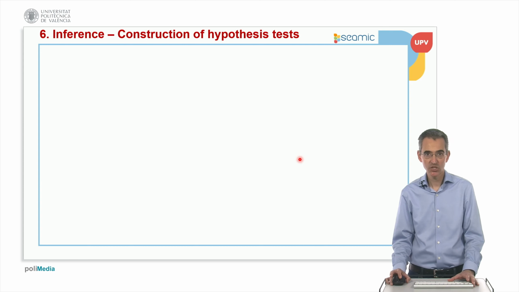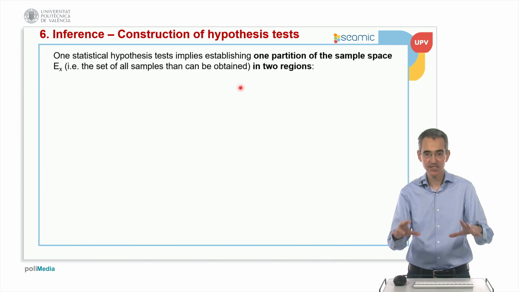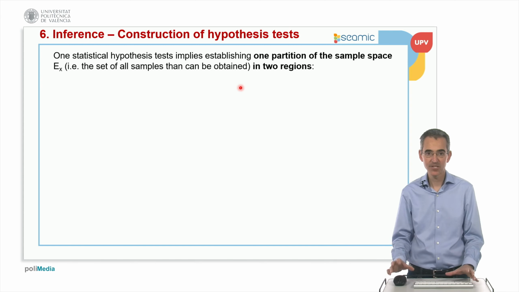Well, so construction of hypothesis tests. One statistical hypothesis test implies that we have to establish one partition of the sample space. Okay, so the sample space is the set of all possible samples that we can obtain.